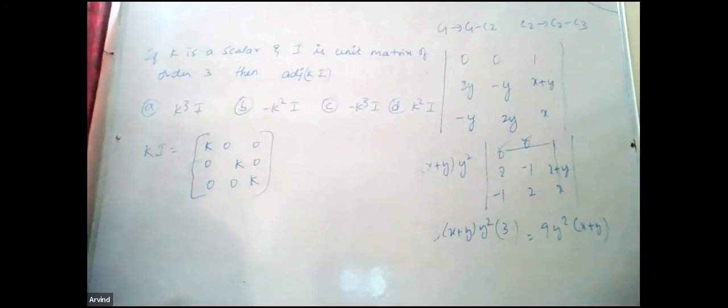One more simple thing: where there is 0, it will become 0 itself. So adjoint of KI. Make it fast. Find it.